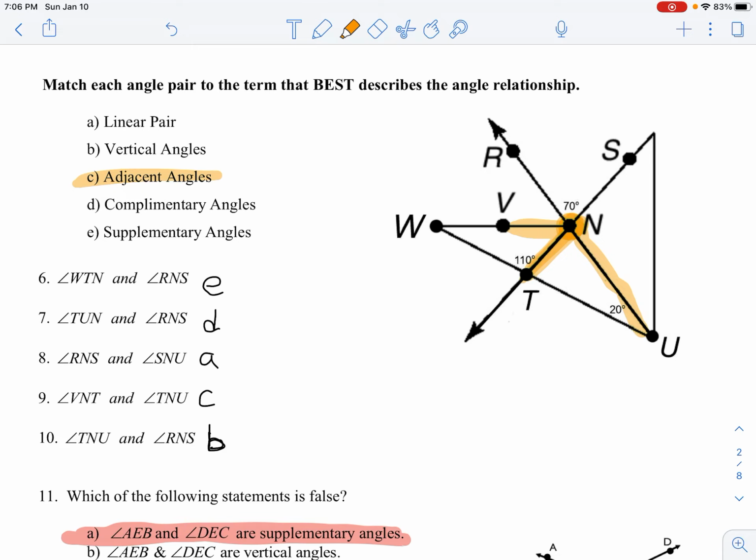They're sharing that side and have a common vertex. Next, we're back to TNU and RNS. As you can see, my highlighter has made a perfect X with those angles, which can only mean those are vertical angles, or letter B.